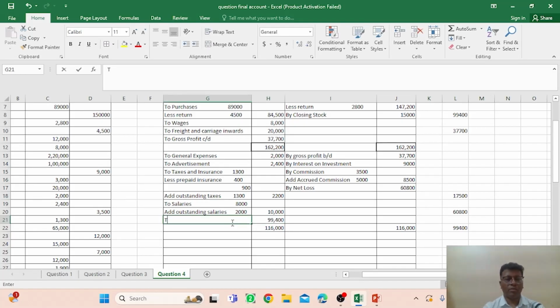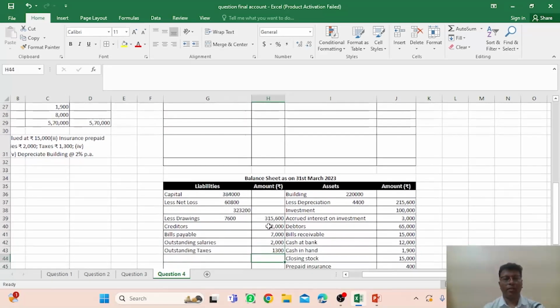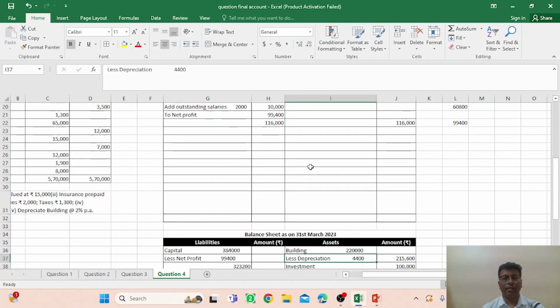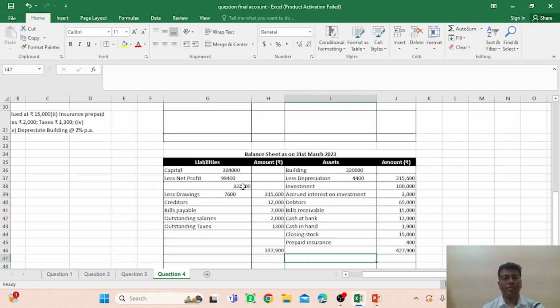It is net profit transferred to capital account, right? This is not the net loss now, it is net profit, 99,400. Just check it again, 99,400.